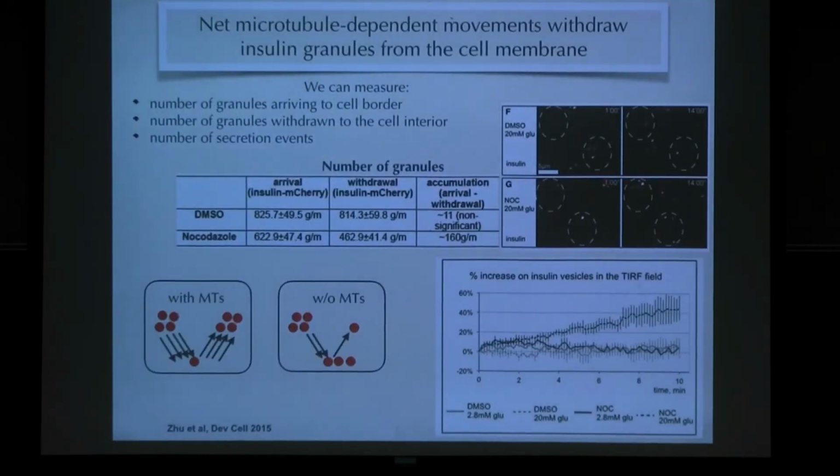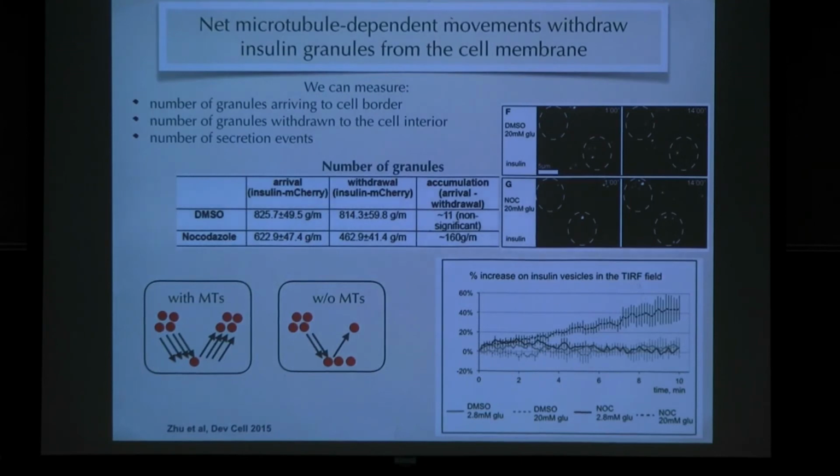And another important observation that we made is that when we destroy microtubules, this results in a slowdown of insulin granule movement, but it also results in accumulation of an excessive amount of insulin granules on the cell periphery.